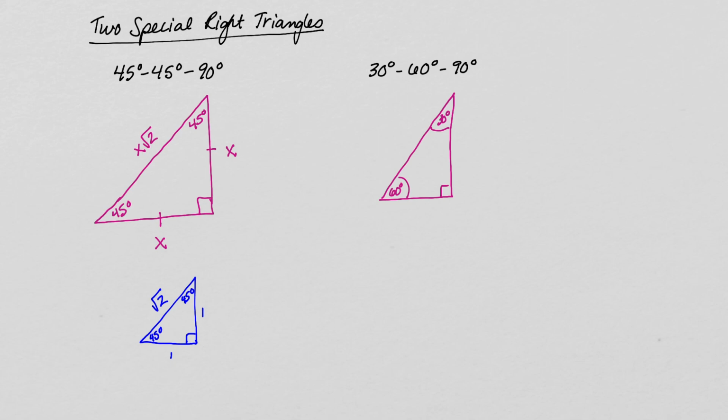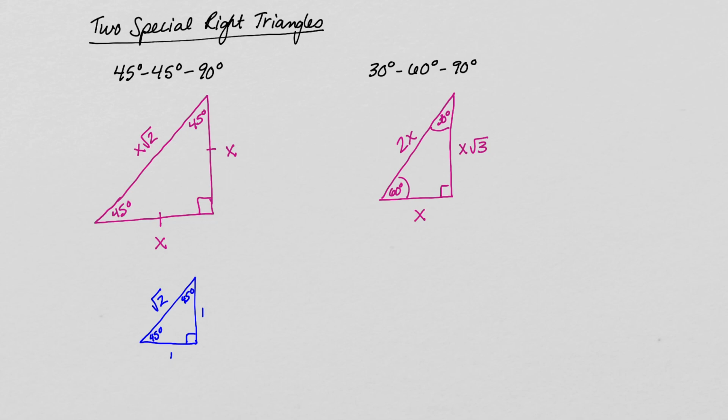The angles here are 30 degrees, 60 degrees, and 90 degrees. 30 is the smallest angle, so the side across from the smallest angle is the x. The hypotenuse is always then 2x, and the side across from the 60 is always x square root of 3. So that's the relationship for the 30, 60, 90 triangle.